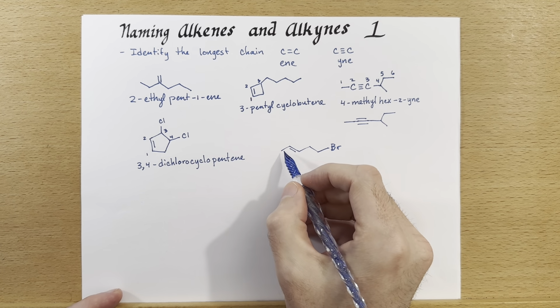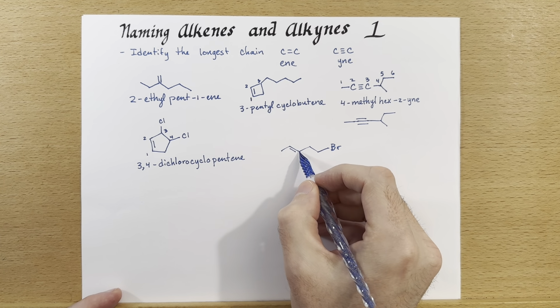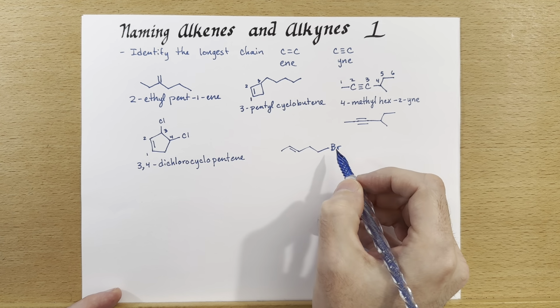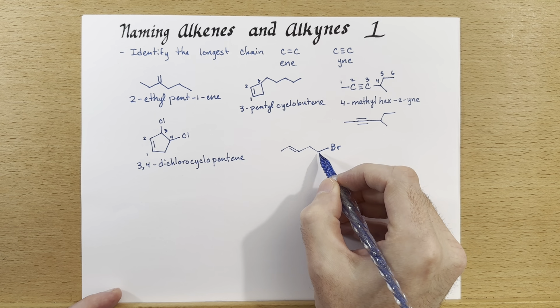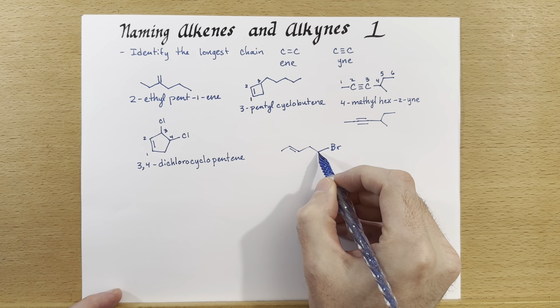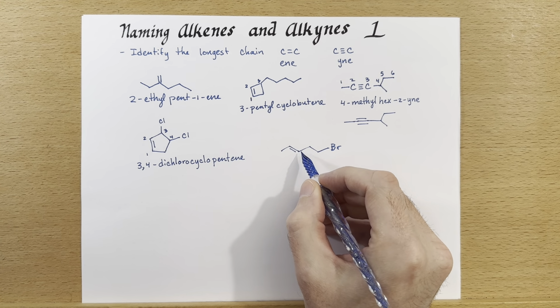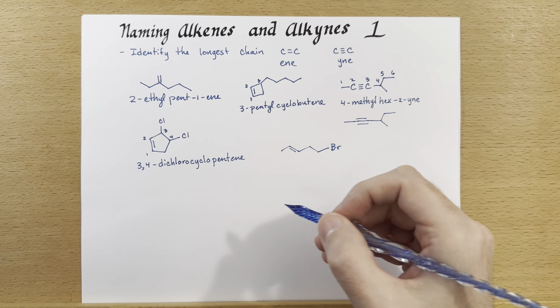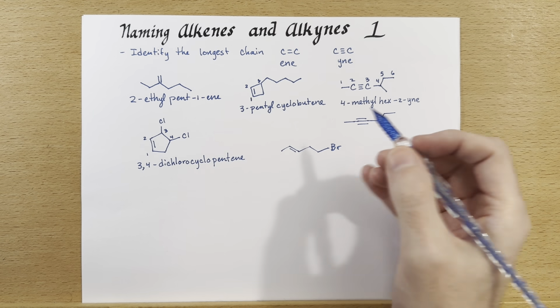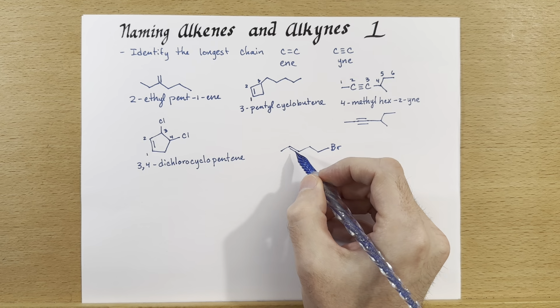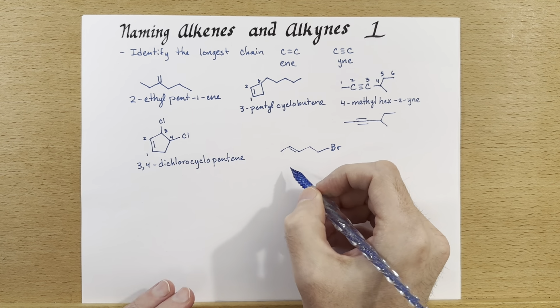So here we go. 1, 2, 3, 4, 5, right? So this is actually on the 5th carbon, not on the 1st carbon, because if we started counting from here, 1, 2, 3, the double bond would be on a later carbon, it'd have a higher number. So this is the 2nd carbon.